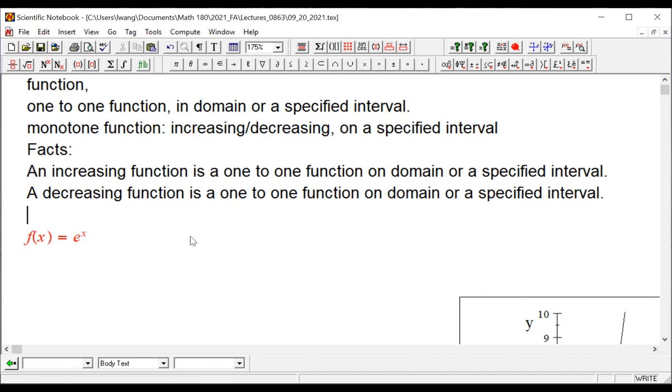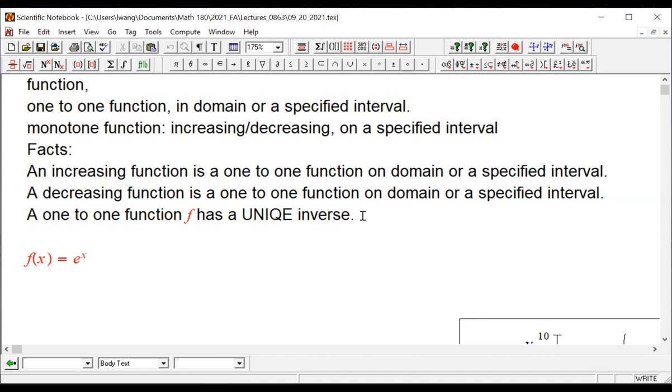And the next fact we're going to talk about, which you're also familiar with, because we mentioned this when we were building the 2 to the power x and the log base 2 of x, is that a one-to-one function has a unique inverse. Supposedly we have a one-to-one function f. Sometimes we introduce a symbol in our narrative for future connection, for future usage.